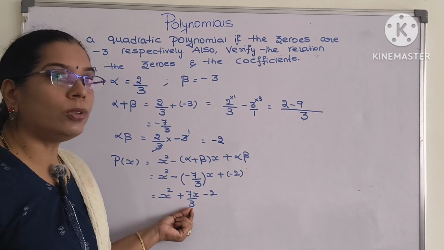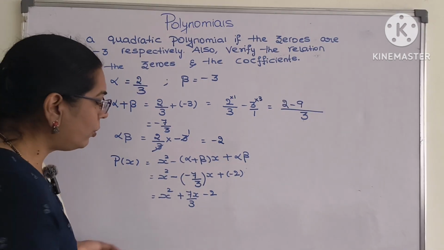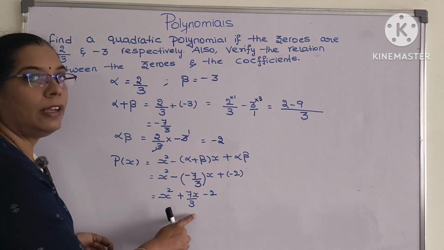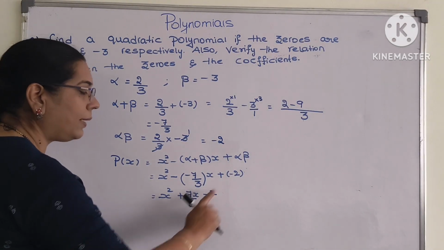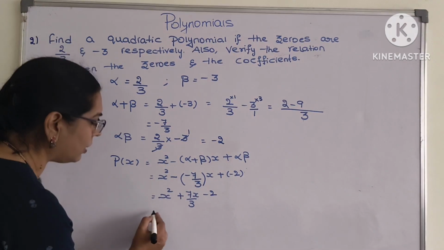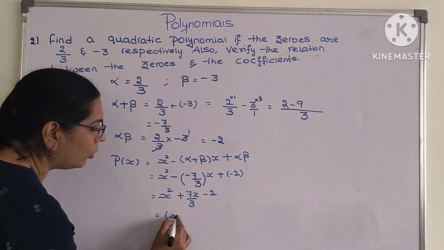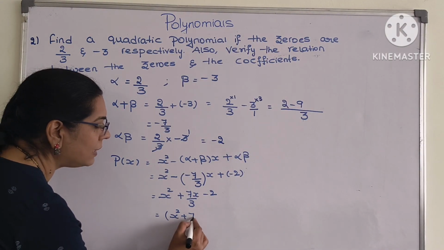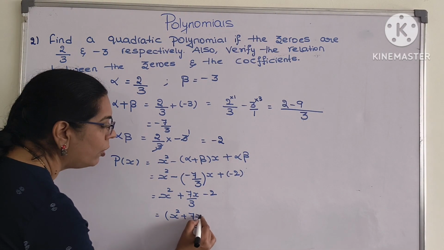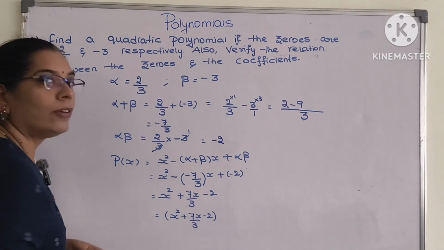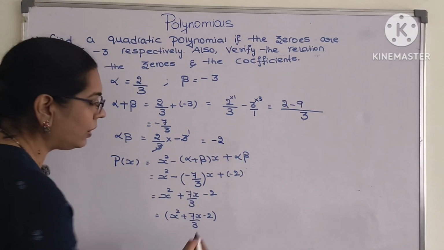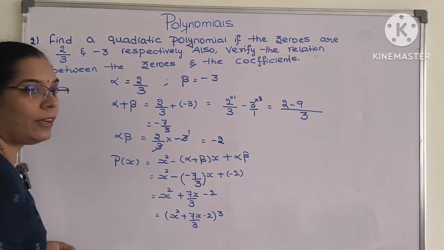What is the denominator? In order to remove the denominator, what do we have to do? The denominator is 3, so multiply the whole equation with 3. Multiply the whole quadratic polynomial with 3.